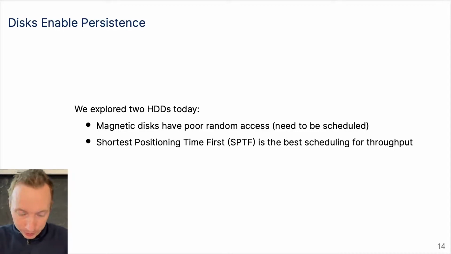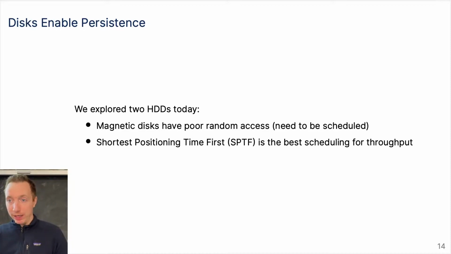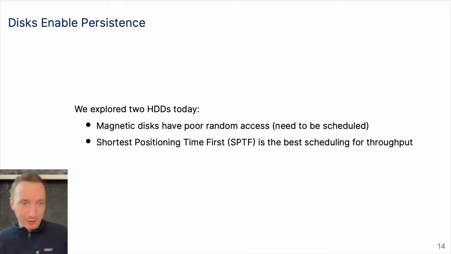And if we do shortest positioning time first, that's kind of the best, because that minimizes waiting for any mechanical thing to move. So that would be the best scheduling for throughput, but kind of like shortest remaining time first, it's going to maybe have issues with starvation. So our whole scheduling, it's still a trade-off even with this.